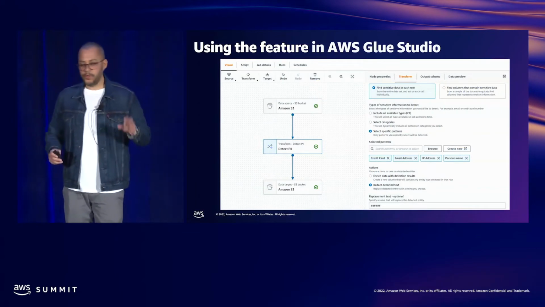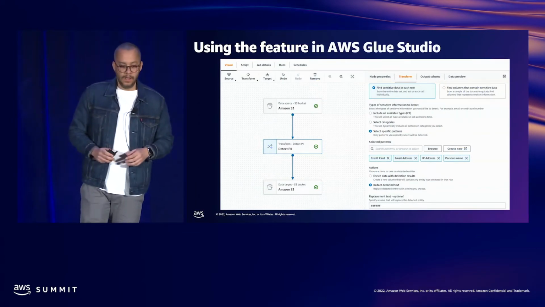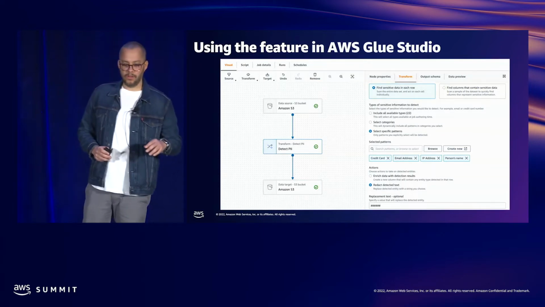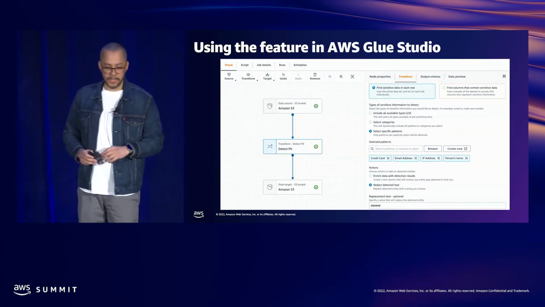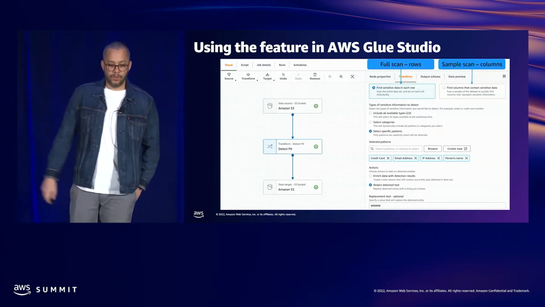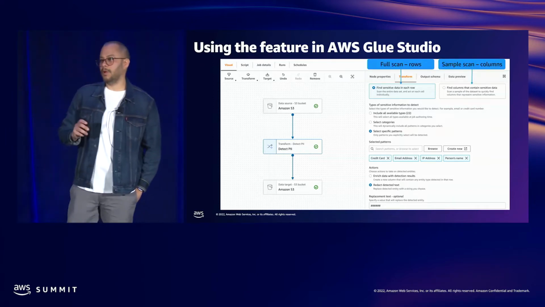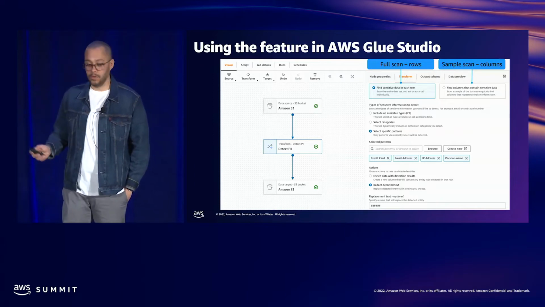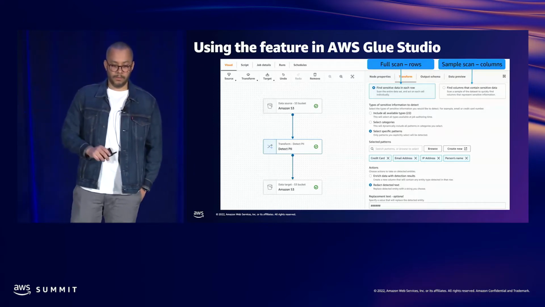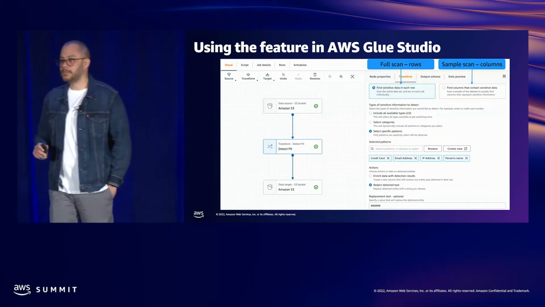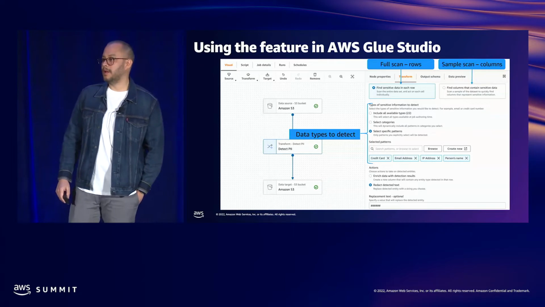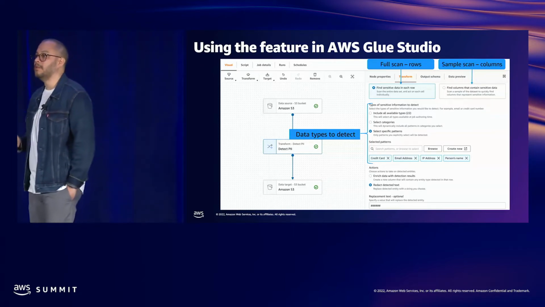So now I'm going to show you the UI. We are going to see the UI a lot during the demo, but I just wanted to walk you through the flow. The first thing, as I mentioned before, is you need to identify what kind of scan you are going to do: full scan, row level, or sample scan, column level. Then you identify the data types or entities that you want to identify.